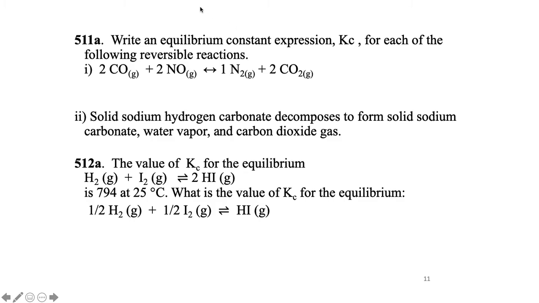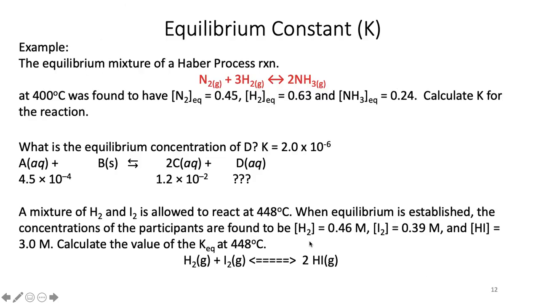Here are other problems that I'm going to work out on how to write equilibrium constant expressions and how to calculate an equilibrium constant value when you change the reaction, if you have it divided by 2, for example.